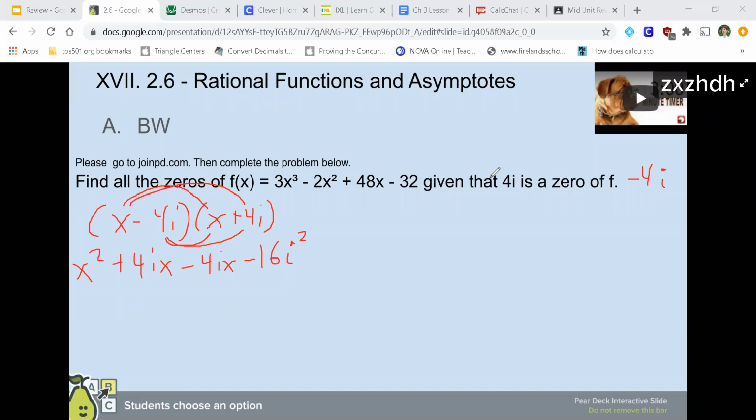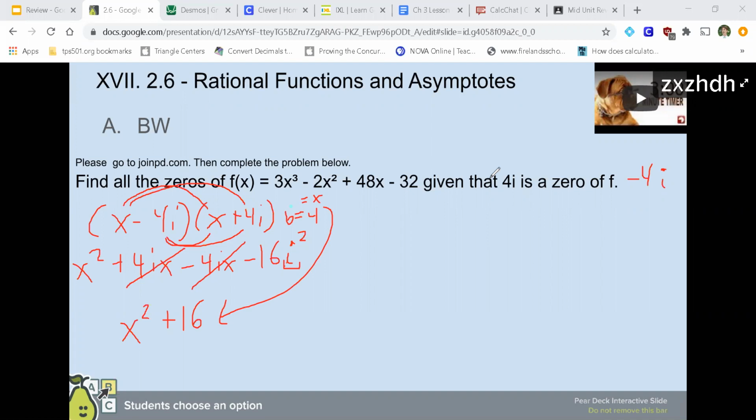If we combine like terms, 4ix minus 4ix is 0. i squared is really negative 1, times negative 16 is really plus 16. So the reason I do that is because I know these factors multiply out to be this, which, by the way, if you would have said a is x and b is 4, the answer is a squared plus b squared, right? You're multiplying conjugates.